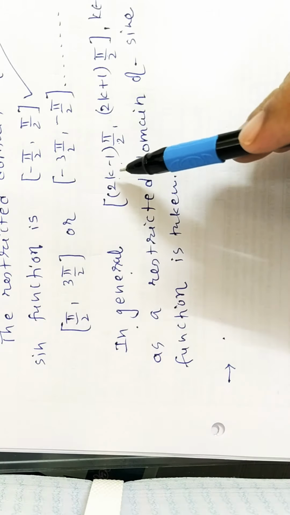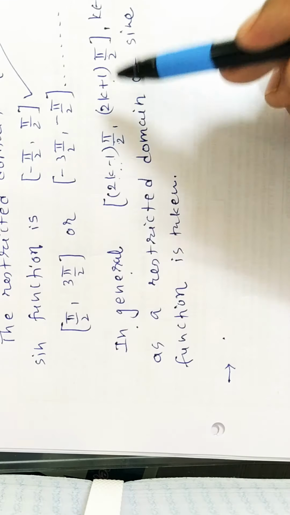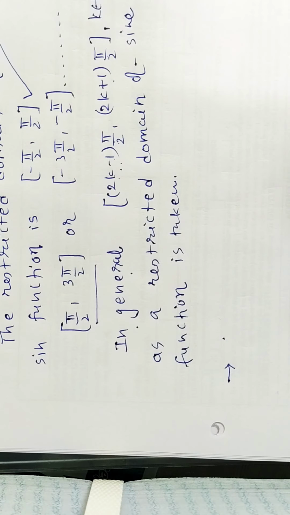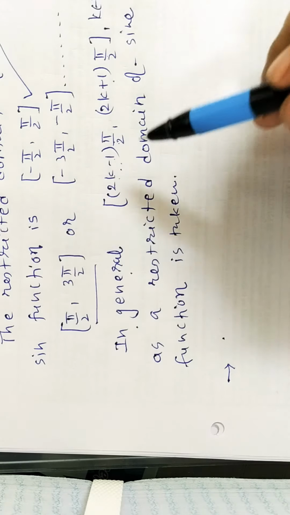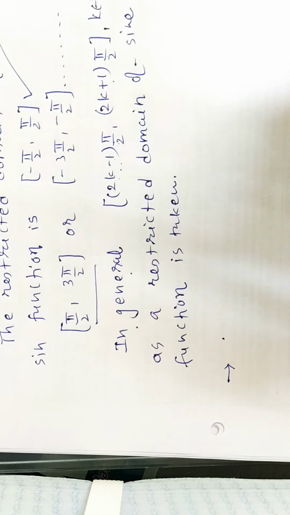If k is equal to 1, then 2 minus 1 pi by 2 to 3 pi by 2, the second interval. In this way you can take the different values of k from Z and you can get the different restricted domains of sine.